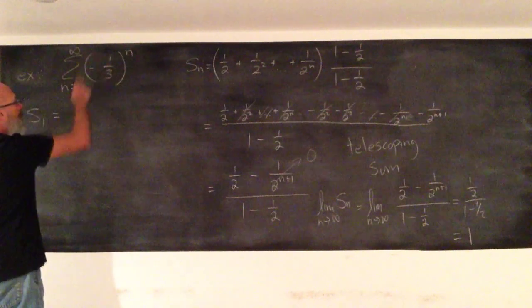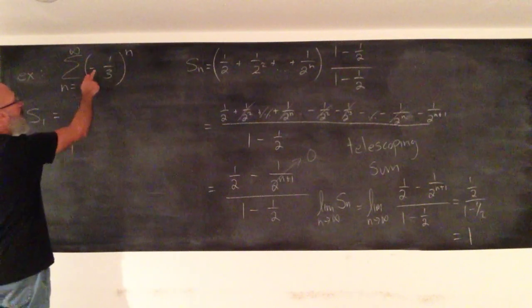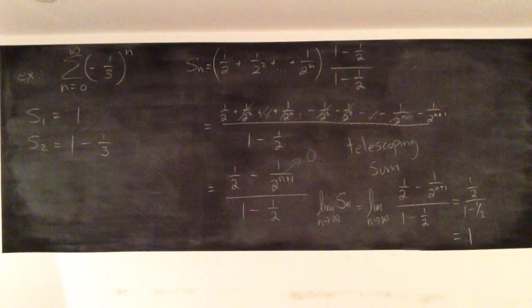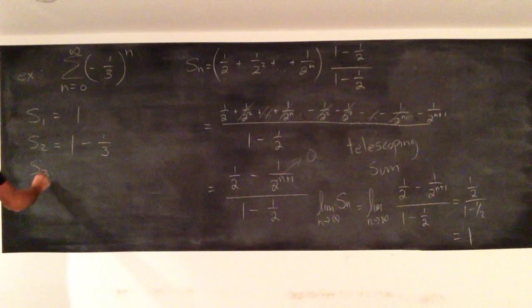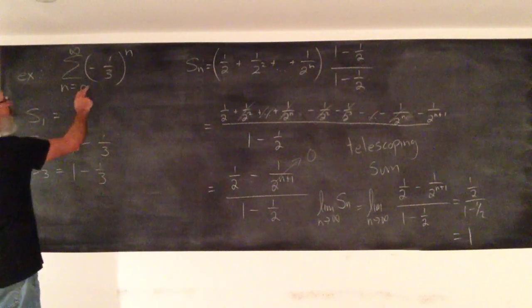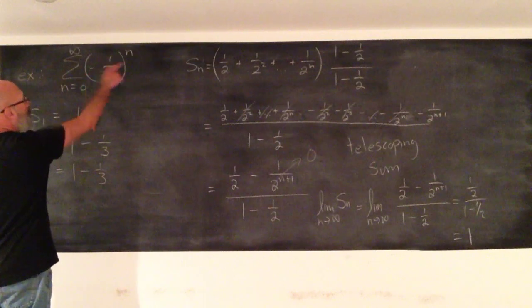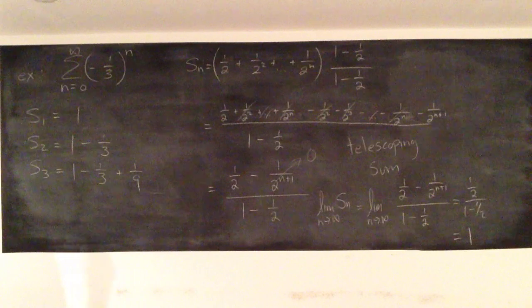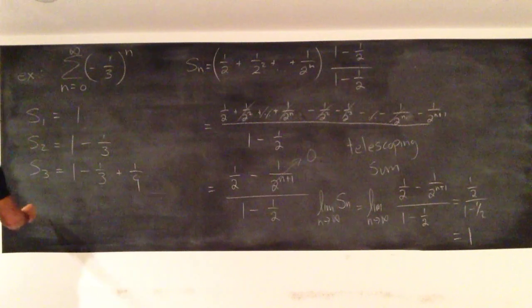So when n is 0, you get 1, plus when n is 1, you get minus 1/3. S3, the sum of the first three terms: 1 minus 1/3. When n is 2, you get plus 1 over 9. And so on and so on.